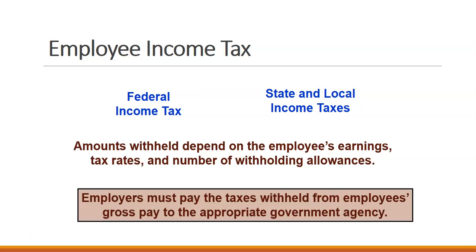The federal income tax rate, what gets held from your check, depends on whether or not you're married, whether or not you have children. You can also withhold at a higher rate than the government recommends. You can be exempt sometimes if you don't make a certain amount of money or aren't married with any dependents.